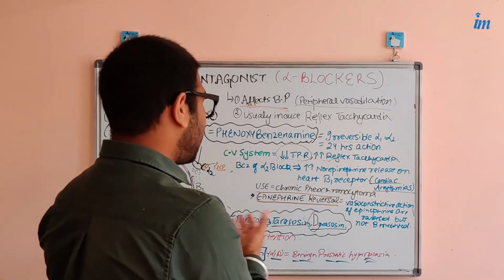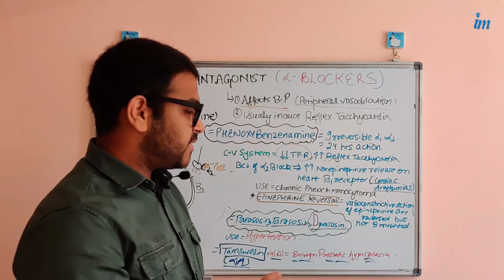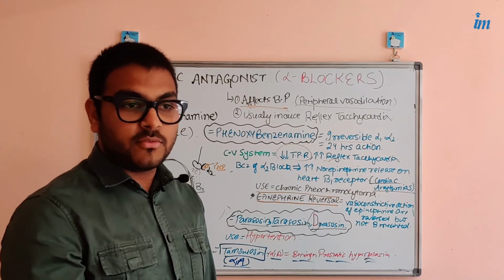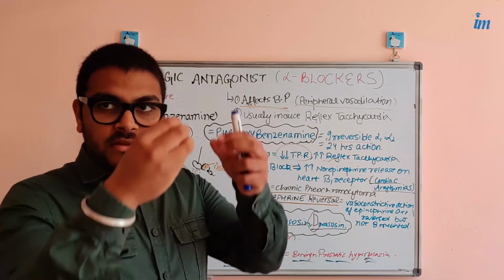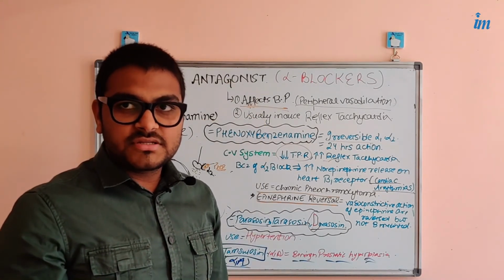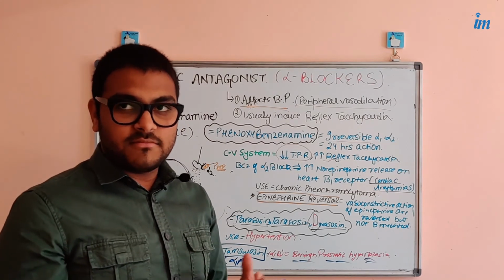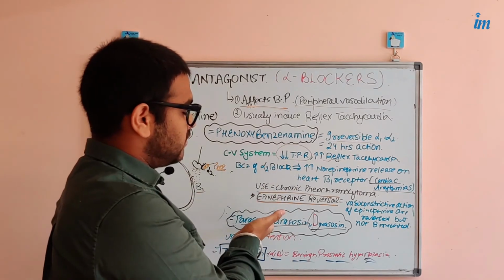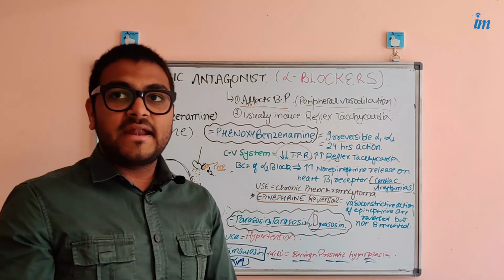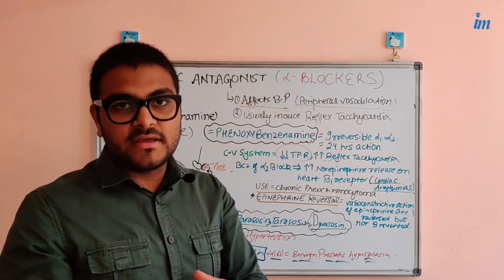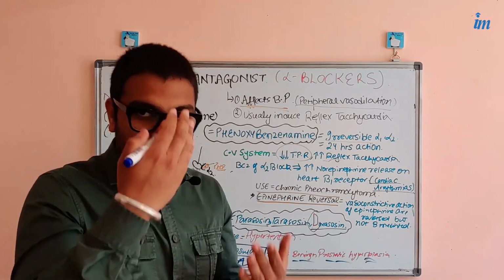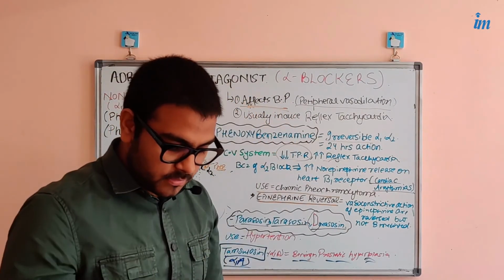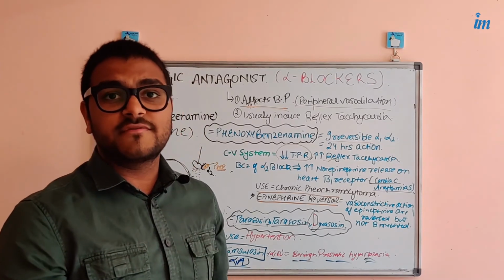Why? Because you were taking alpha 1 blockers such as prazosin. So the patient fainted. Because when you woke up, your blood pressure decreased rapidly, and it was already decreased because of the alpha 1 blocking action. As soon as you get up from your bed, there is pooling of blood from your brain to the peripheral parts of your body because of gravity.